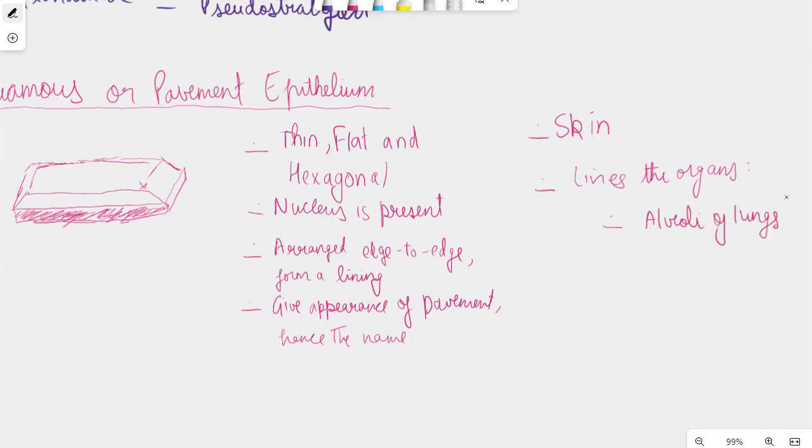Alveoli help in the exchange of gases. Blood vessels in heart, mouth, and lastly the esophagus.